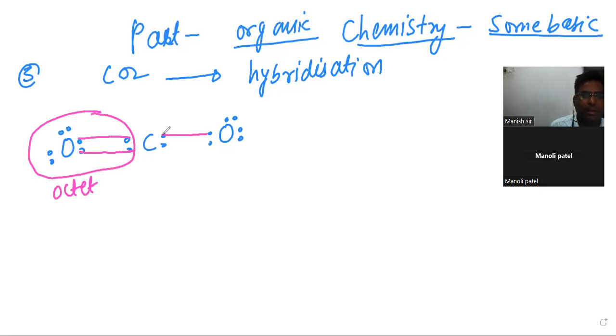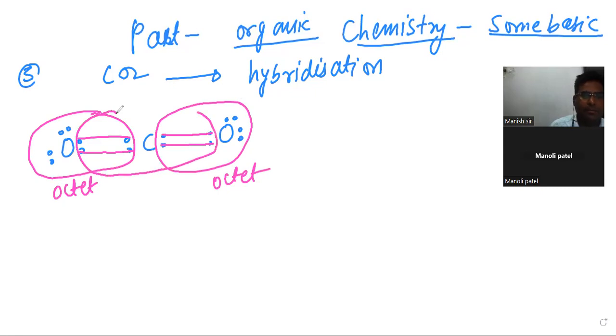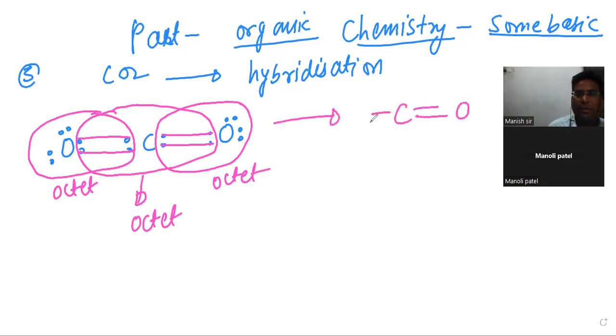In the similar manner, this oxygen atom has completed its octet, right? In the similar manner, carbon has also completed its octet. So carbon has made a double bond with oxygen and with another atom of oxygen also.